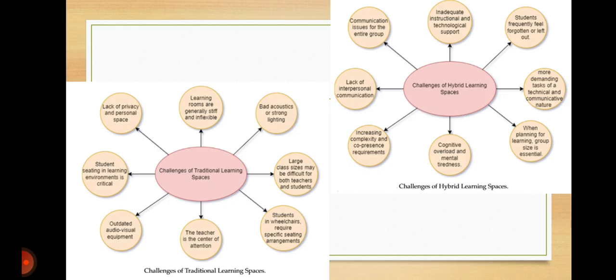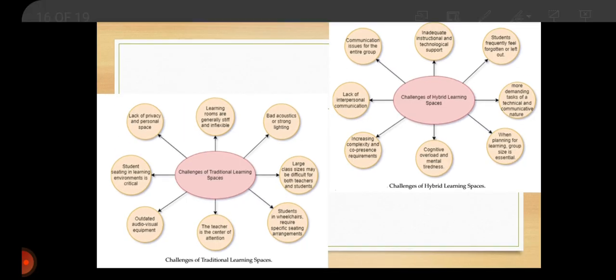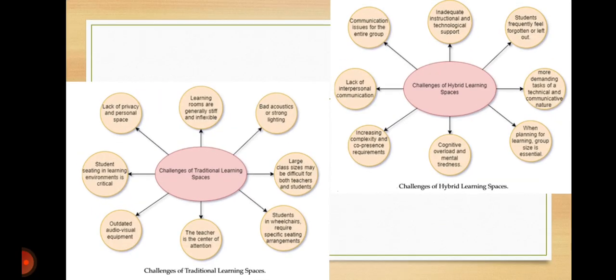Now, in a dynamic system, the obvious answer to this will be a trade-off. Now, what does it mean? The main motive of these learning spaces is to facilitate personalized learning, that is, the individual requirements of the learners are to be satisfied.